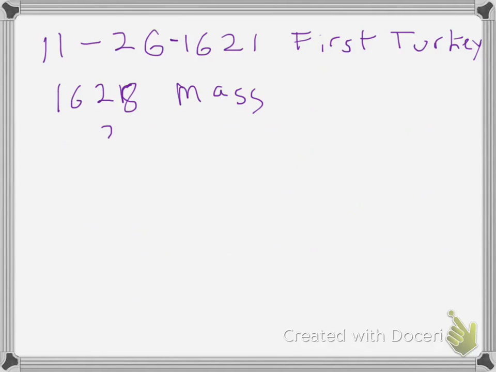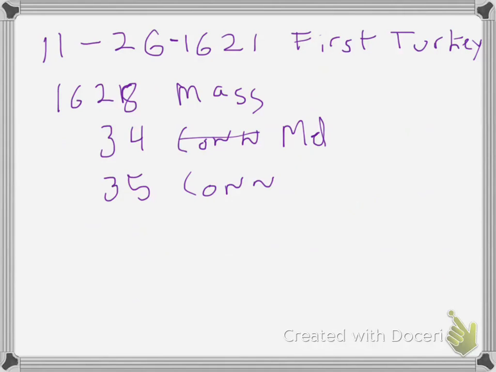In 34, you had Connecticut. In 34 was Maryland. 35 was Connecticut. 36 was Rhode Island. 38, we had New Sweden.